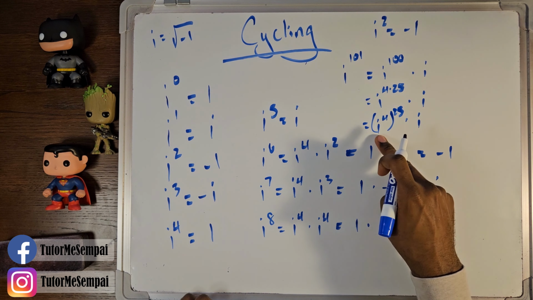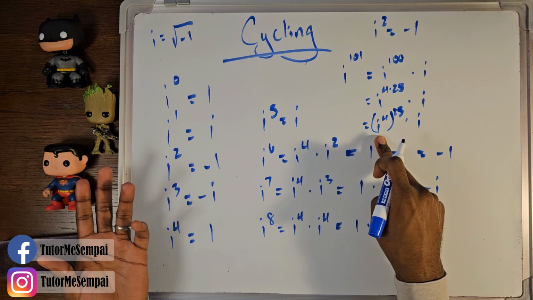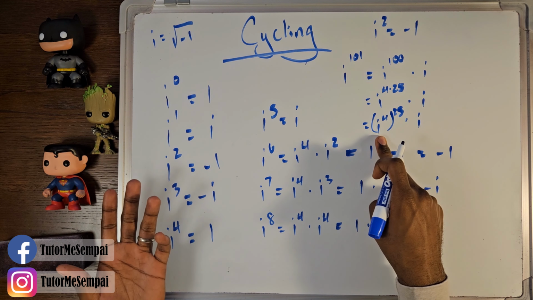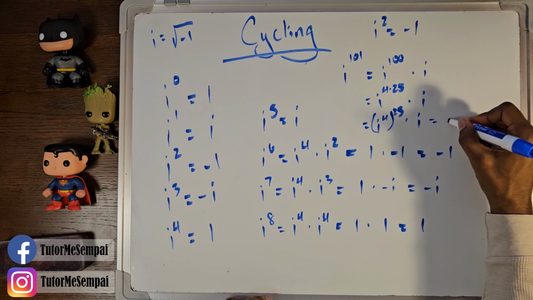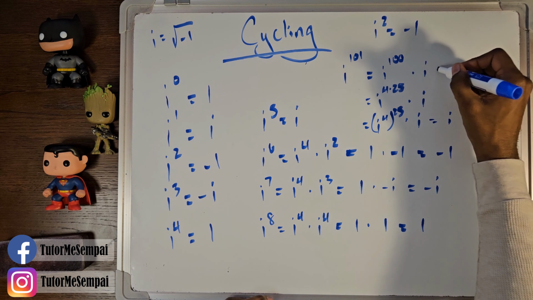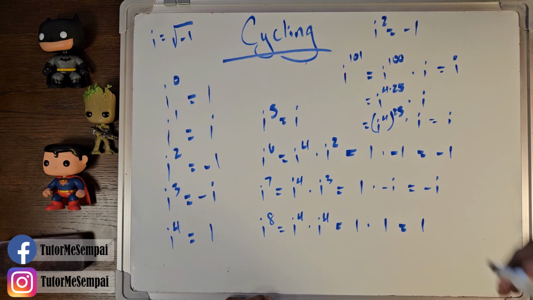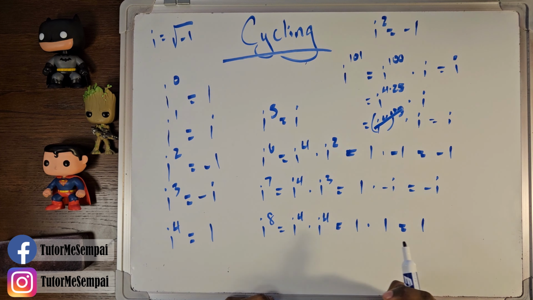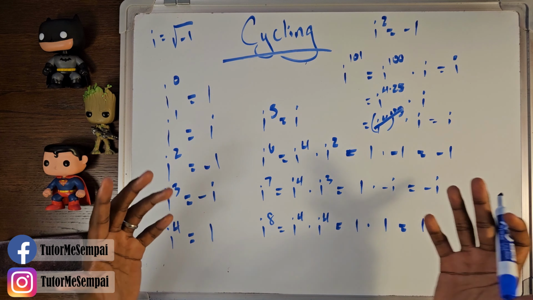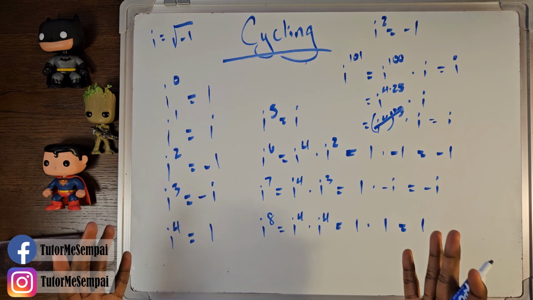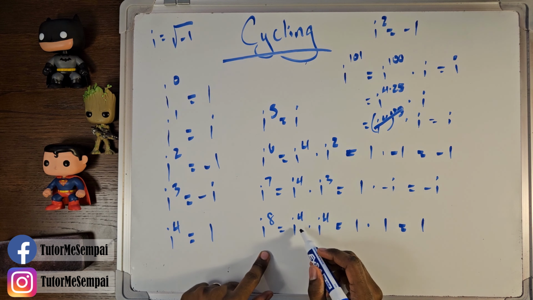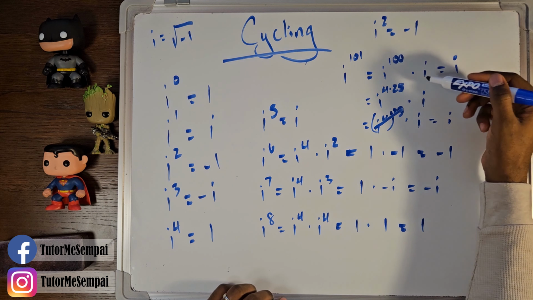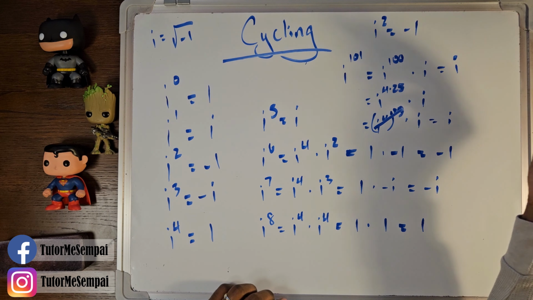And i to the 4th power is going to be 1. 1 to any power is going to be 1. So that's just going to be i here. So this is just going to equal i, because this goes away and it just equals 1. So it doesn't matter how big your exponent is, if you can find your multiple of 4, break it out, and whatever is left is going to be what remains.